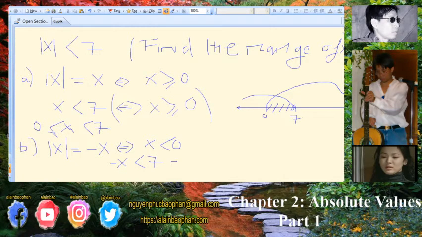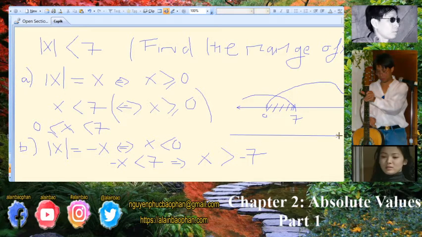That means if you move minus x to the other side and 7 to the other side, then you have x greater than minus 7. Okay, so combine these two with the condition. Remember, always combine with the condition x less than 0.